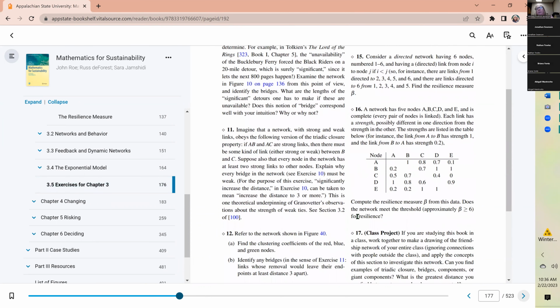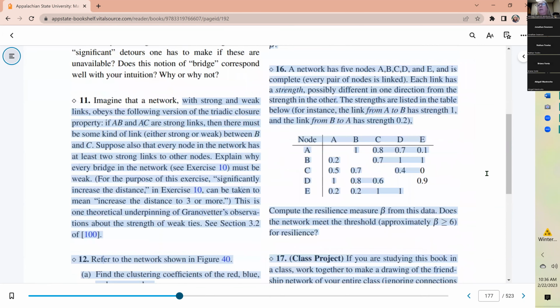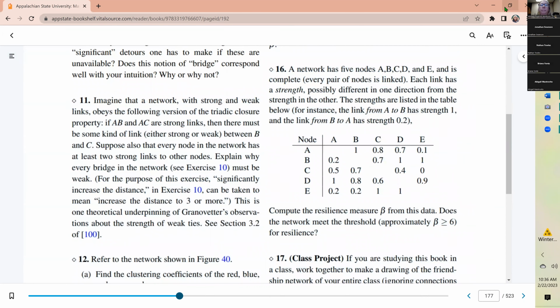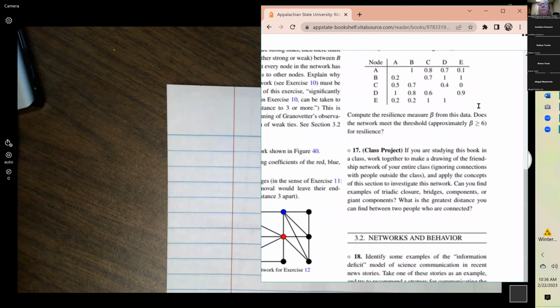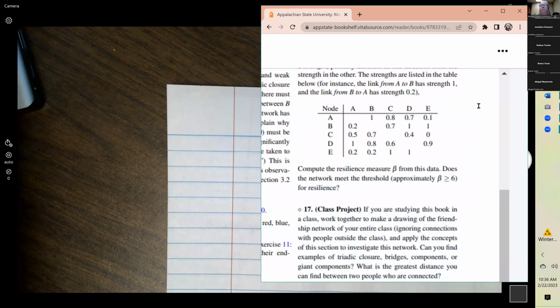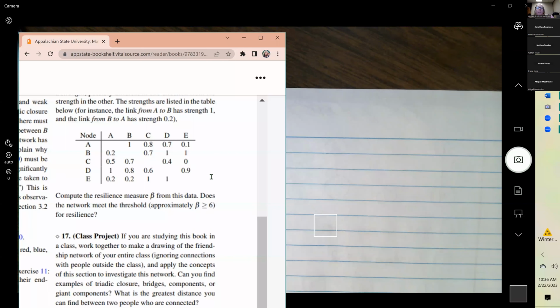Okay, I think it's number 16. Okay, so for the homework, you're asked to do number 16.